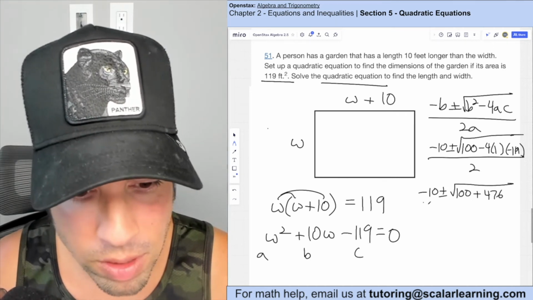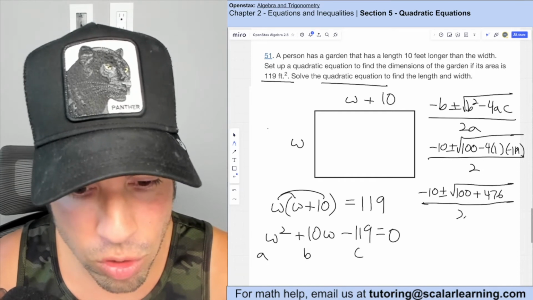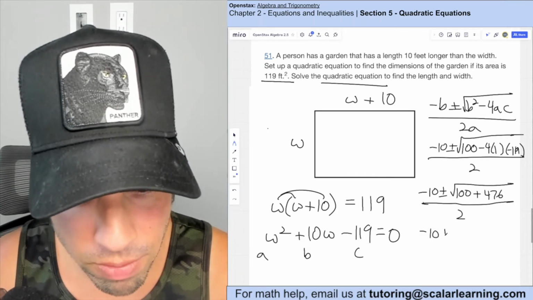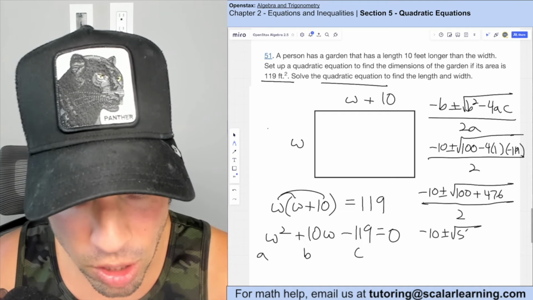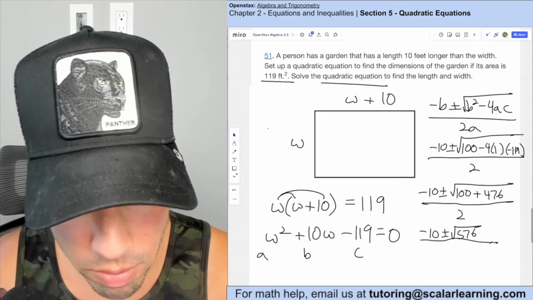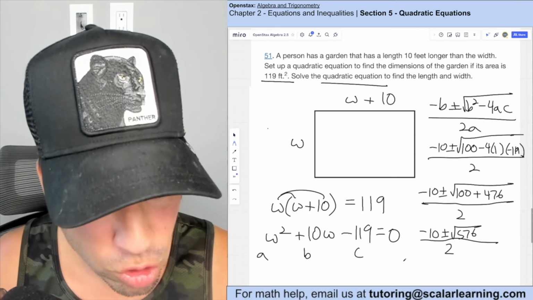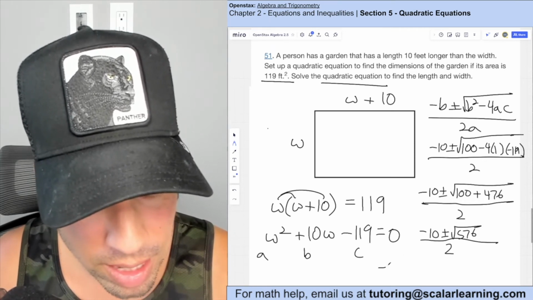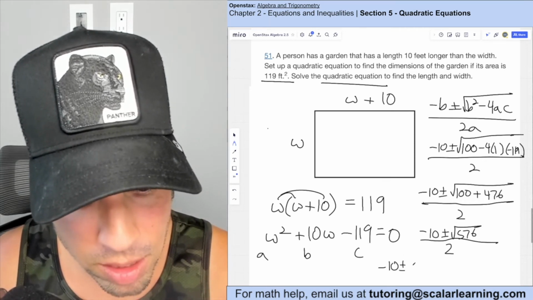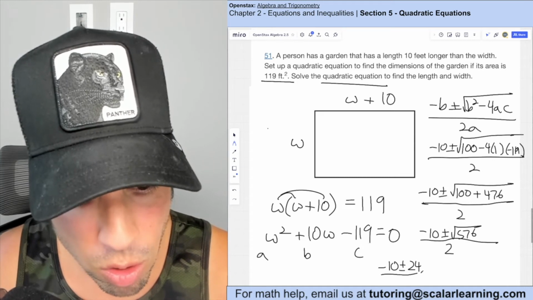So we got 576 all over 2... that becomes 576, which I believe is a perfect square. I believe that's 24 squared. So the square root of 576 is 24. So now we got negative 10 plus or minus 24 over 2.